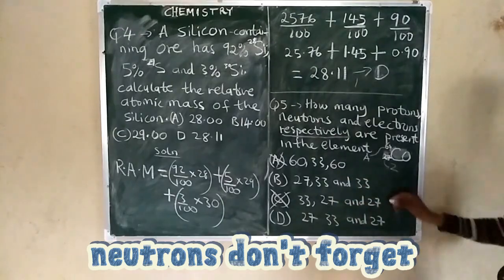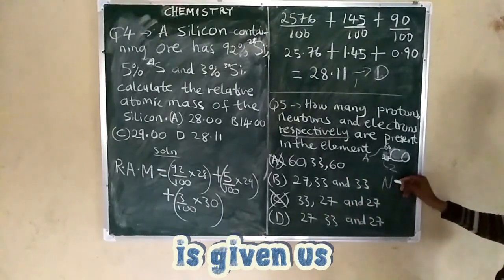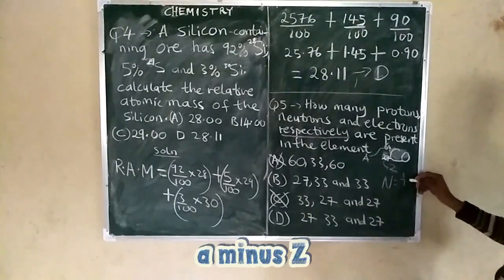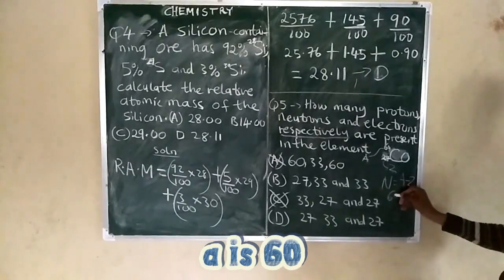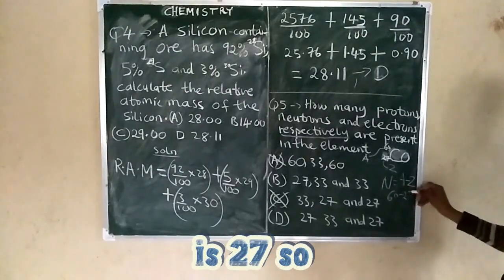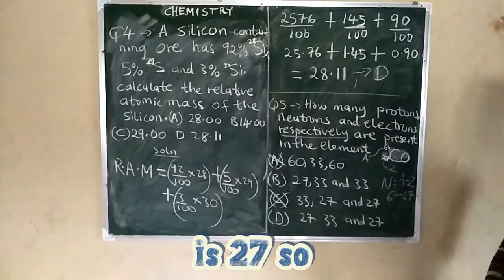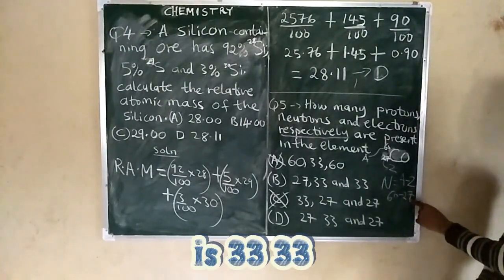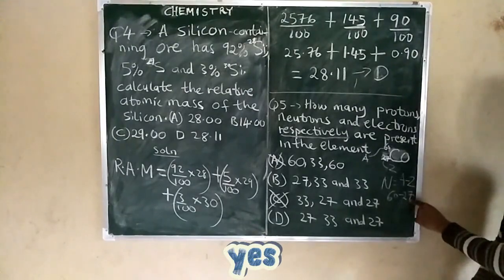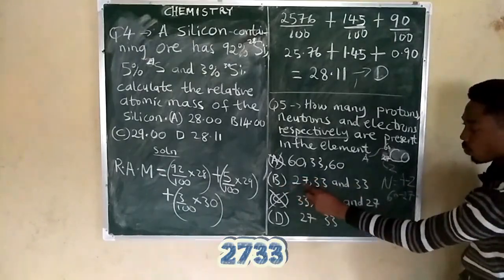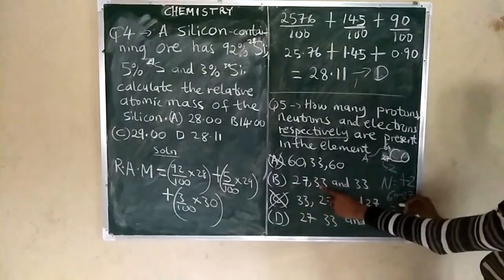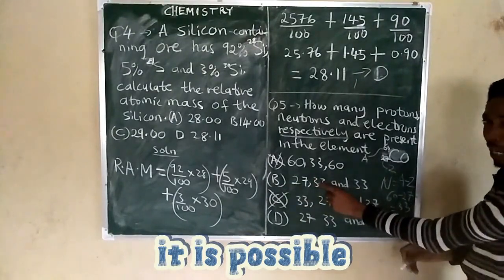Don't forget, the number of neutrons is given as A minus Z. What is A? A is 60. What is Z? It is 27. So 60 minus 27 is 33. So protons, neutrons: if you look at option B, 27, 33. It is possible that D is correct.